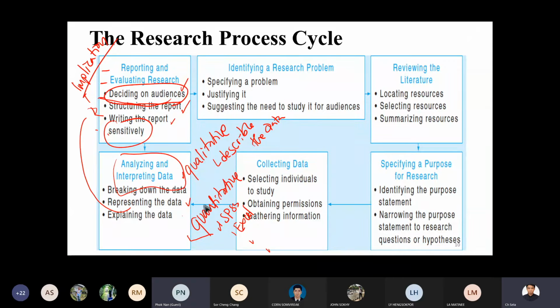You use this to analyze the data that you collect from the participants. Participants refer to the sample. If your sample is students, you go and collect data, you give them a questionnaire or you observe them, and then you analyze the data. How do you analyze the data? By drawing? No. By Excel or SPSS?